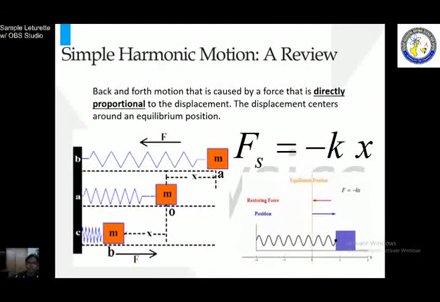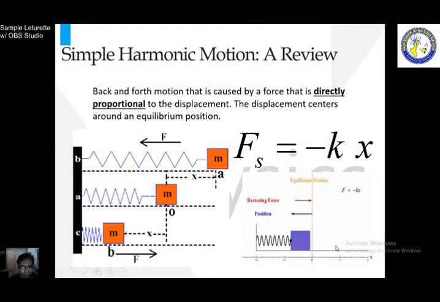So why is it an example of an object that exhibits simple harmonic motion? It is because it exhibits a back and forth motion that is caused by a force that is directly proportional to the displacement, and this displacement centers around an equilibrium position. You have here the spring that starts at its equilibrium position at 0.